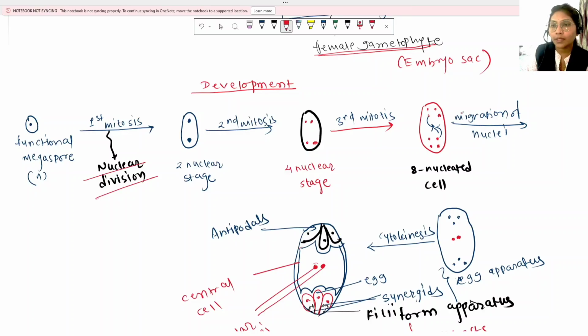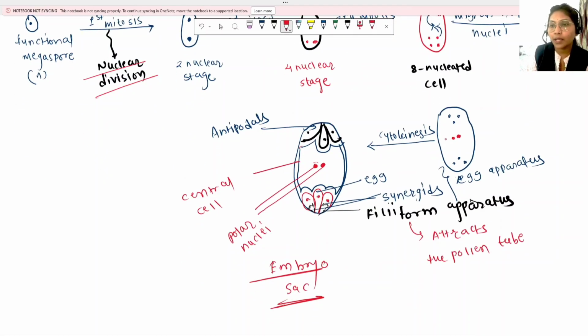After that, one nucleus from the upper side and one from the lower side will migrate towards the center, and these central nuclei will be known as polar nuclei. After that, cytokinesis will take place.